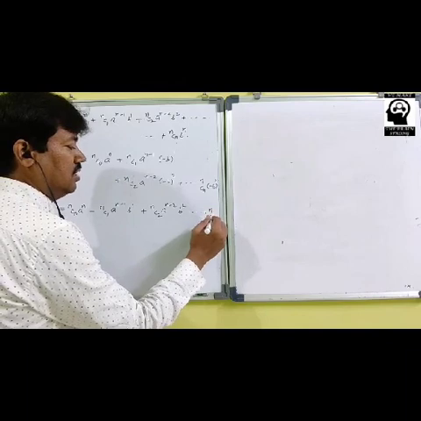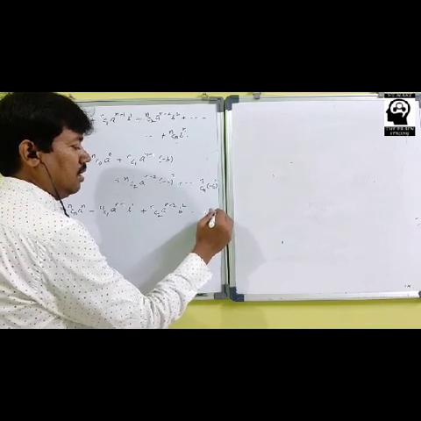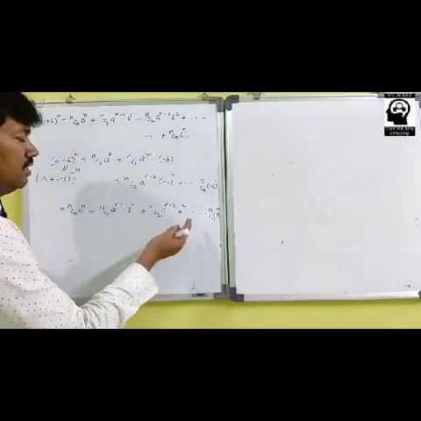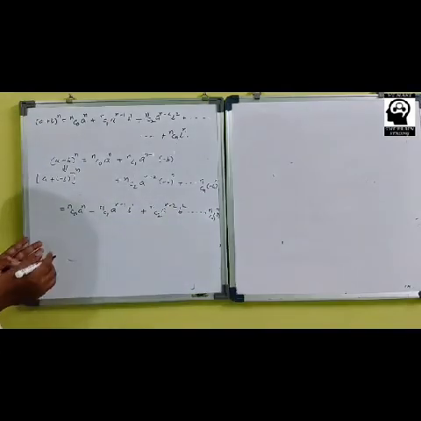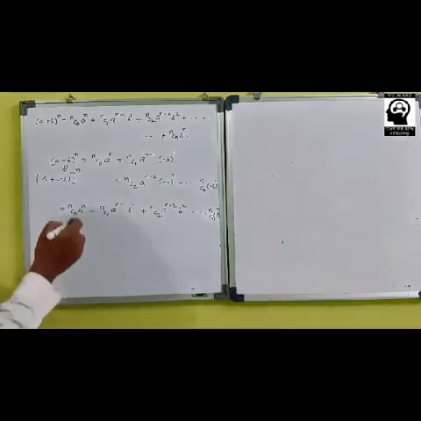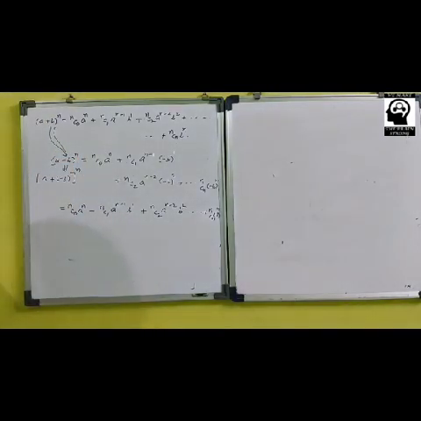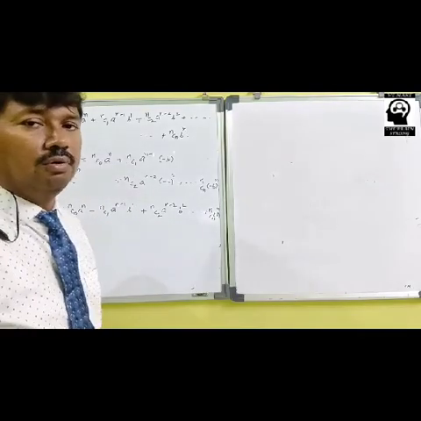So there is an alternate plus, minus, plus, minus when b is replaced by minus b.